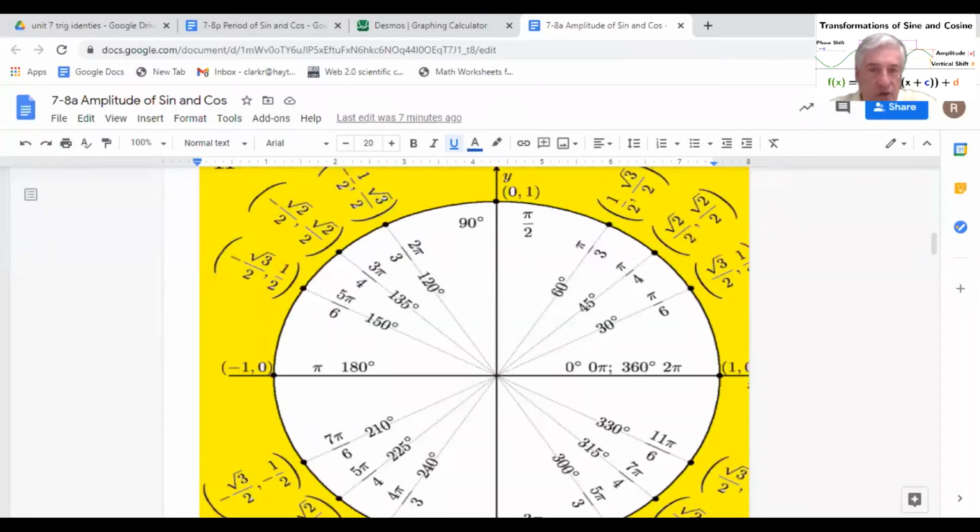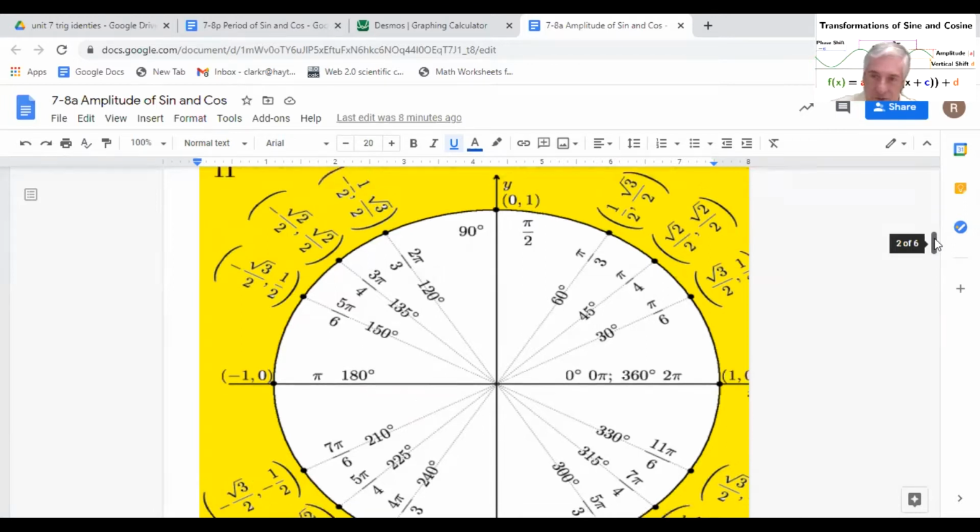Let's start with the old school. In the old school, there are, on the unit circle, 16 places where we can get an X and a Y coordinate. The cosine, of course, is X. The sine is Y. We have all these. And so when I was in high school, thousands of years ago, before we had graphing calculators, before we had any calculators, we actually wrote all 16 of these down in a graph.